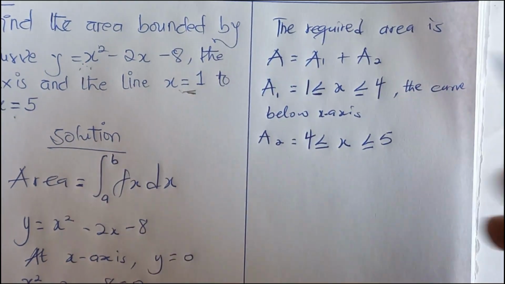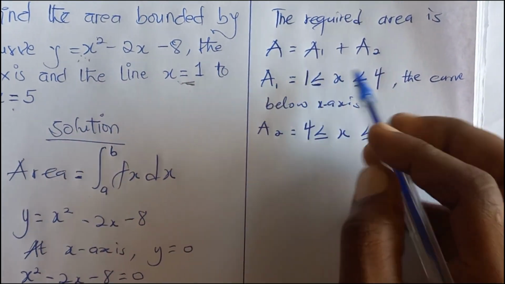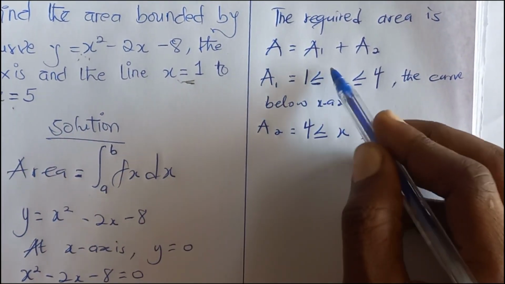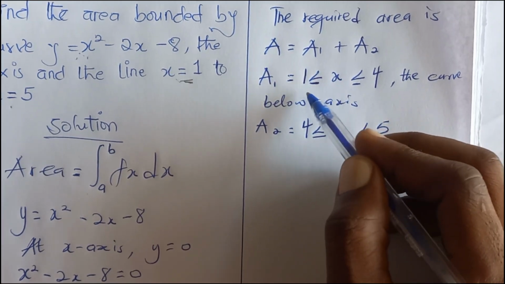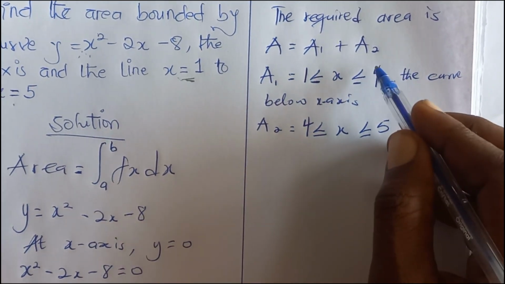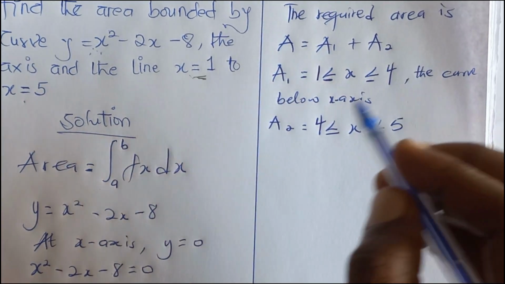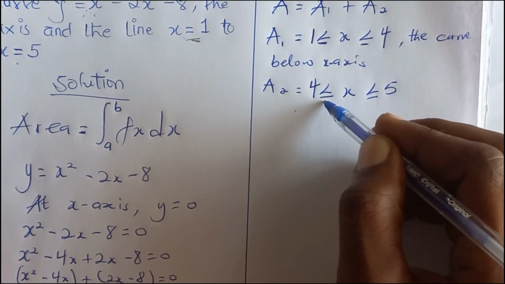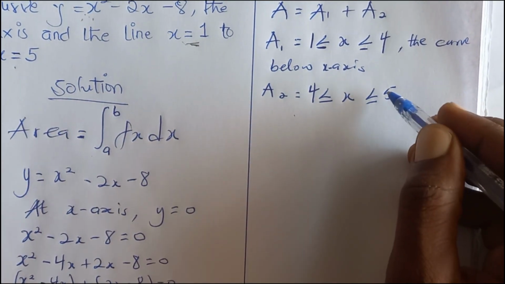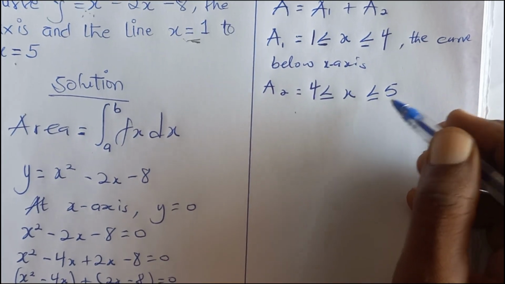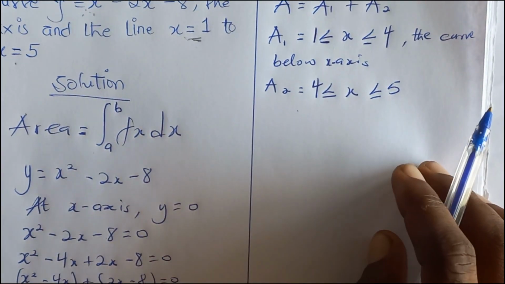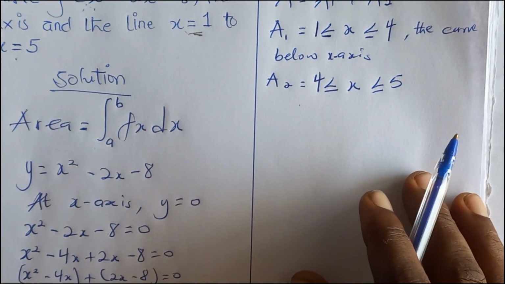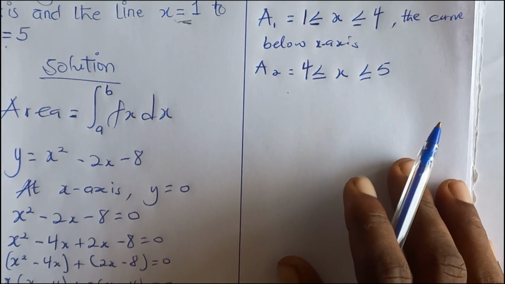So for A1, the boundaries are x is greater than or equal to 1 and x is less than or equal to 4. And for A2, x is greater than or equal to 4 and x is less than or equal to 5. So these are the boundaries we are going to use to calculate the areas.